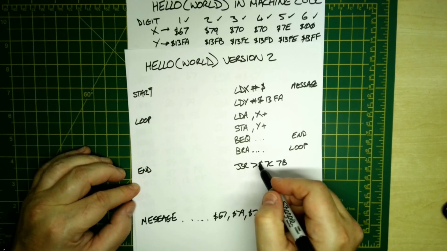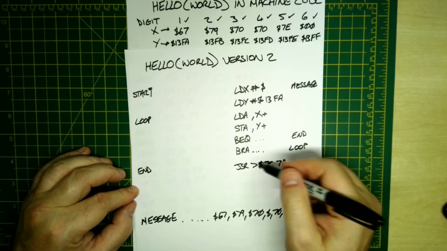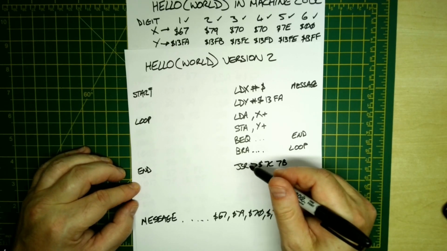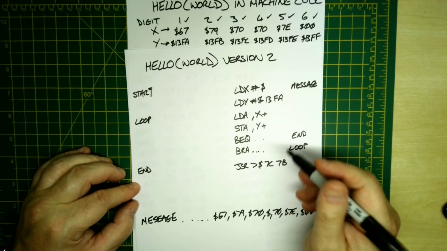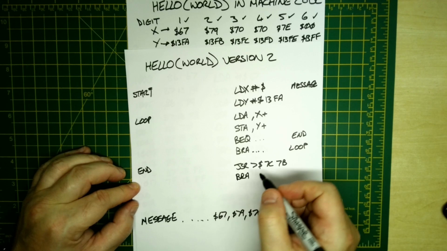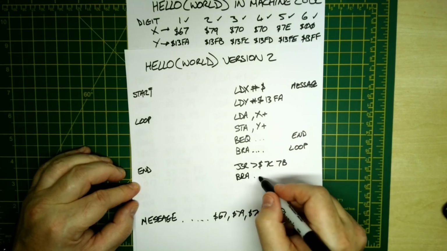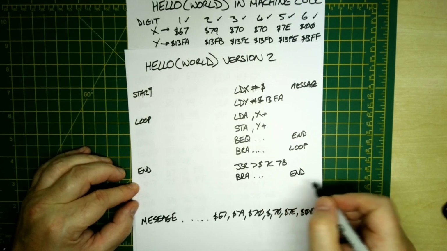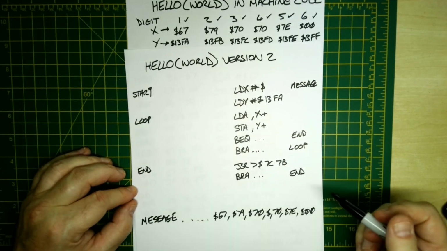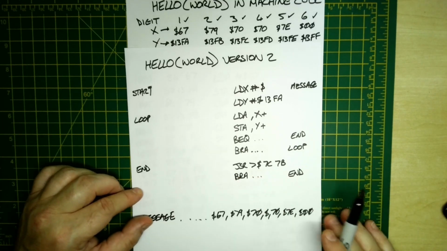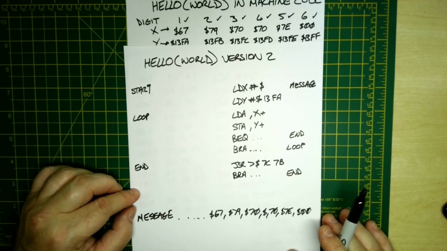This symbol means extended address, so use the 2 bytes after the instruction. And then the next line after that, again, we're going to use a relative branch similar to the one we have there, and we're actually just going to branch back to end. So effectively, this is just going to go round and round in a loop at the end there until such time as we press reset or abort. Okay, so that's our program.